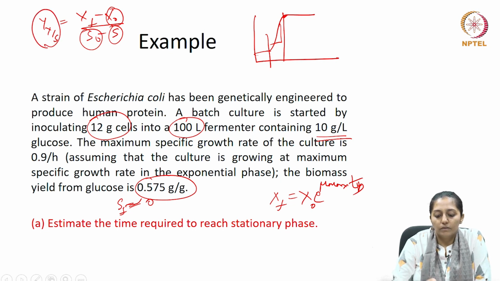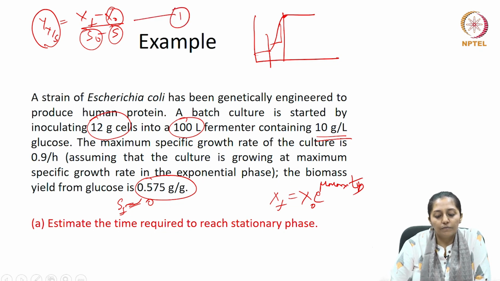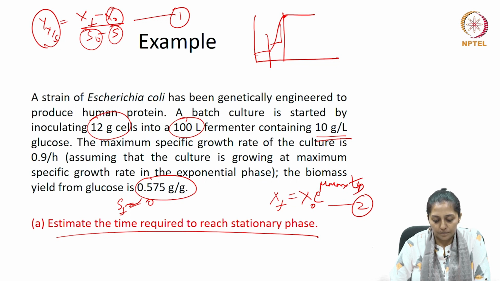So, equation 1 can give us the value of the final biomass, isn't it? From equation 1 we calculate the final biomass concentration, and from equation 2 we can calculate the batch time, or the time required to reach the end of the log phase, and then we will be able to answer part 1 or A.